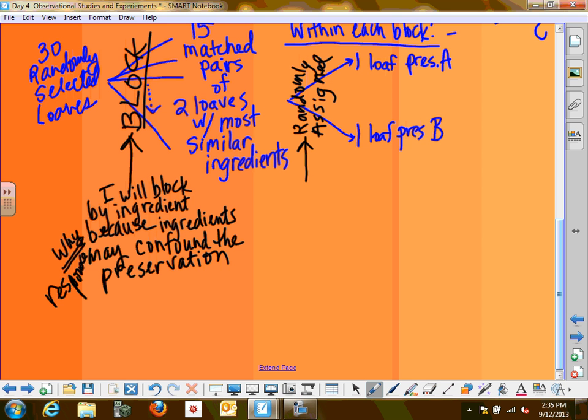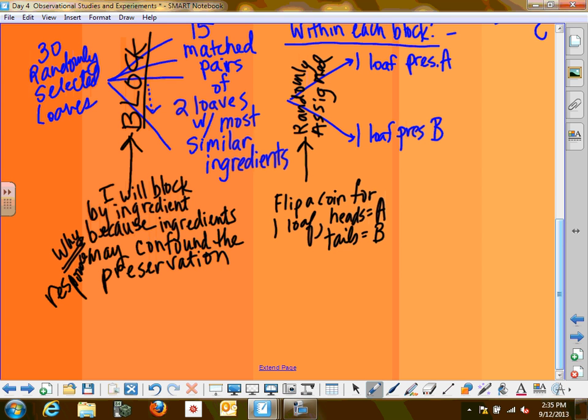Okay, flip a coin. Flip a coin for one loaf. Heads equals preservative A, tails equals preservative B. So that says where that one goes.